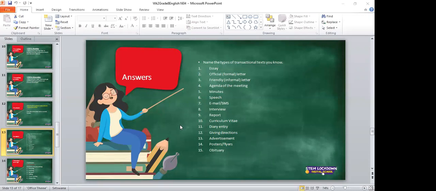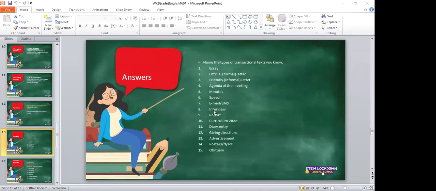Yes, writing a diary, yes. So all those steps that I've outlined in this lesson, you can use them for all these transactional texts. So here are those transactional texts. Here they are: essay, an official letter, which is the formal letter you write to company CEOs, a friendly or informal letter that you write to your friend, the agenda of a meeting, the minutes of a meeting, a speech, an email, even an SMS.